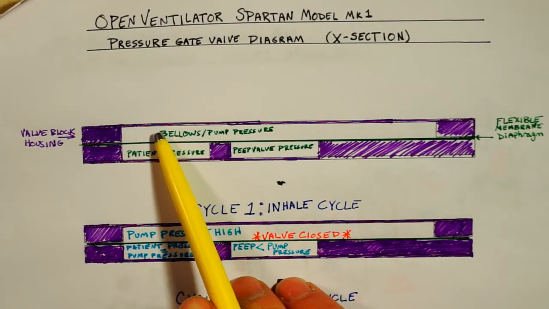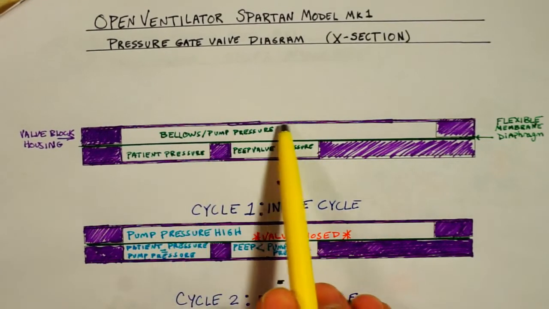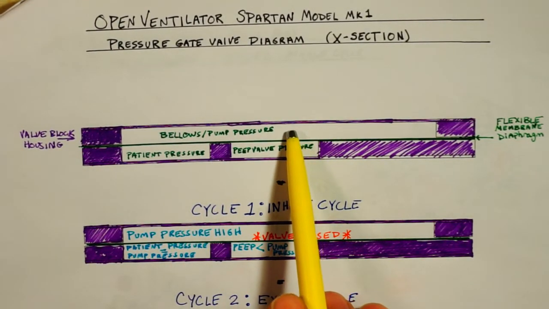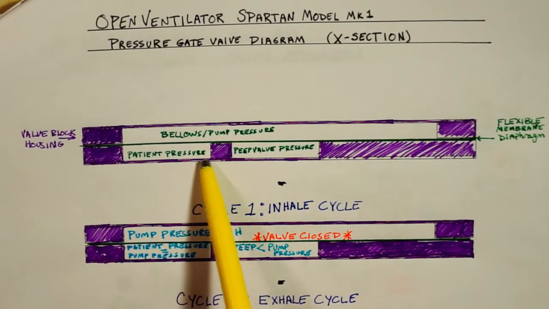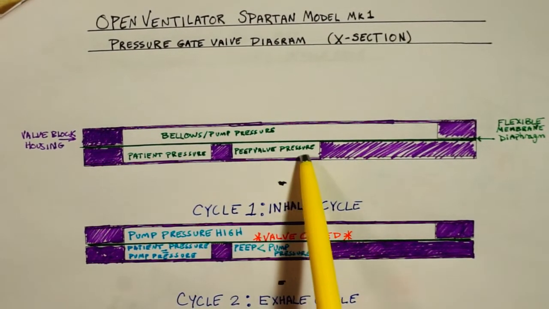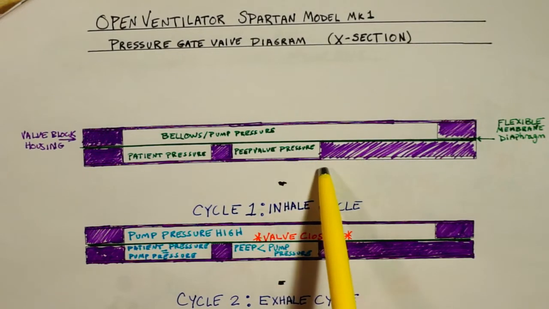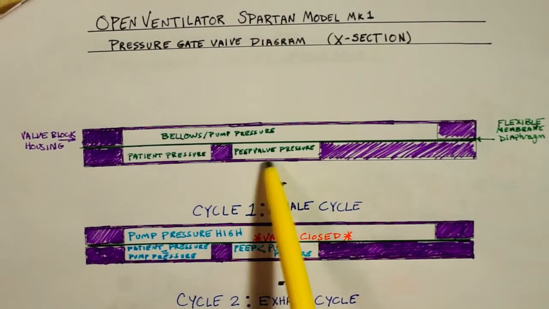So during the inhale cycle, this is a high pressure inside of this chamber, and during the exhale cycle, this is a low pressure. Then over here we have patient pressure, and this is connected to the T or Y tube at the patient. And over here we have a chamber that's connected to the PEEP system: first the check valve and then the PEEP tube within the fluid tank.